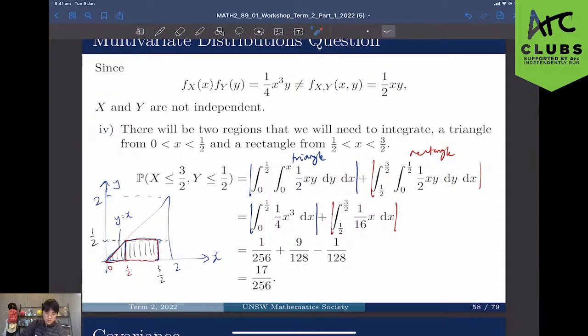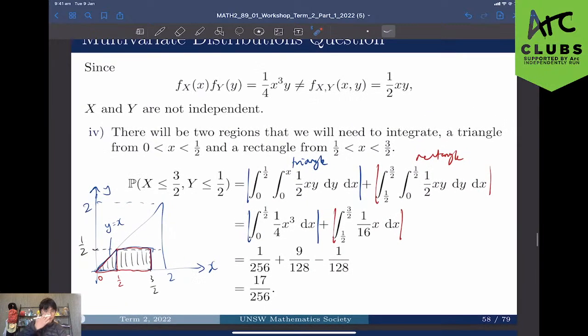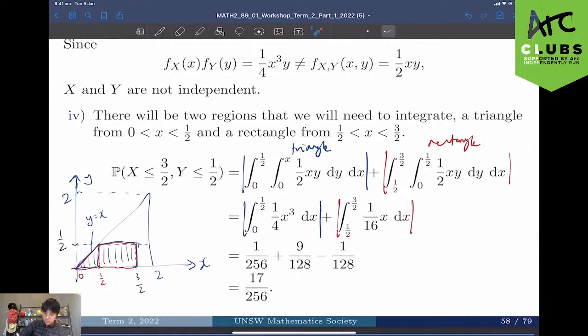We see how the slices are bound between y equals half and 0. So here the slices are just going to be between half and 0, and we integrate these slices over this interval, which is half and 3/2. So this is the hard part, I guess, and the rest is just doing integration.